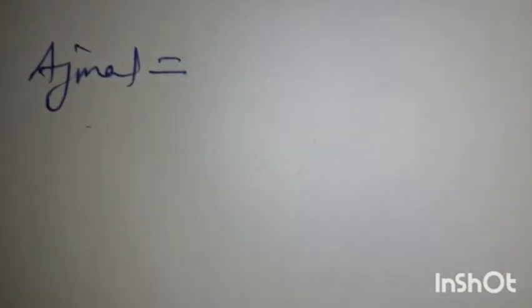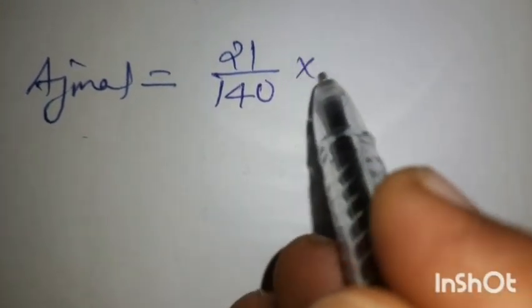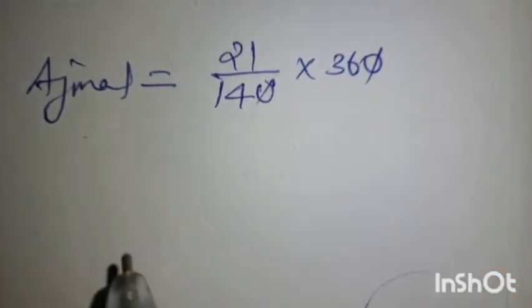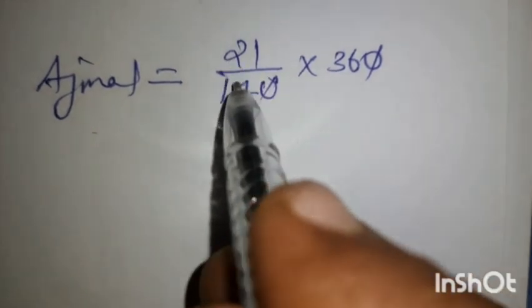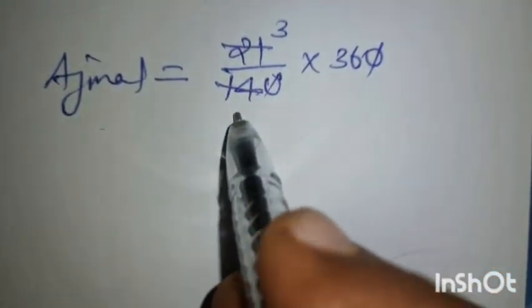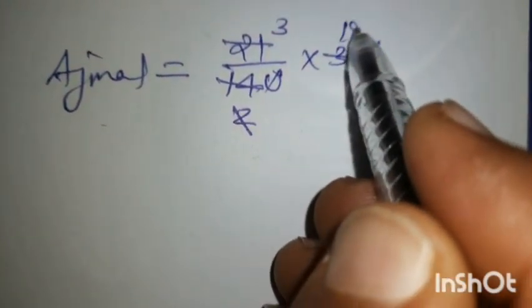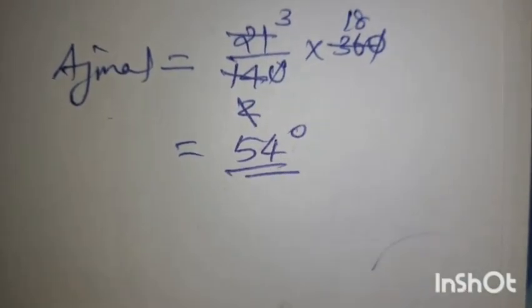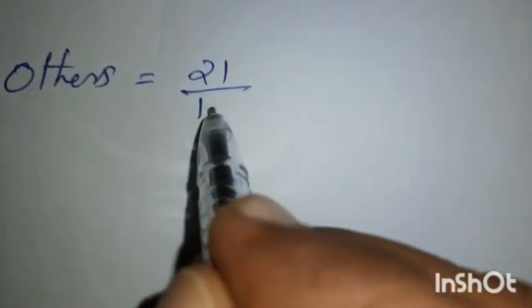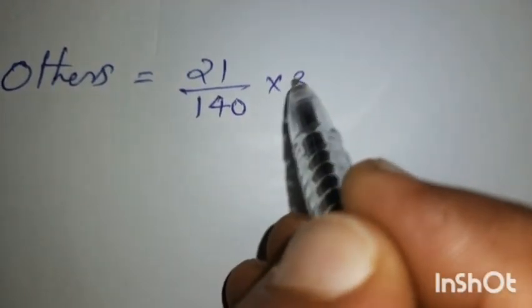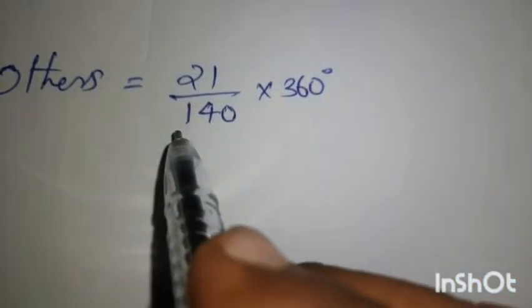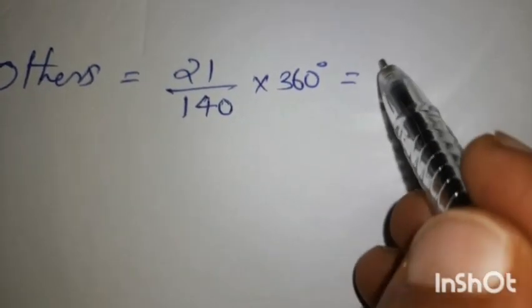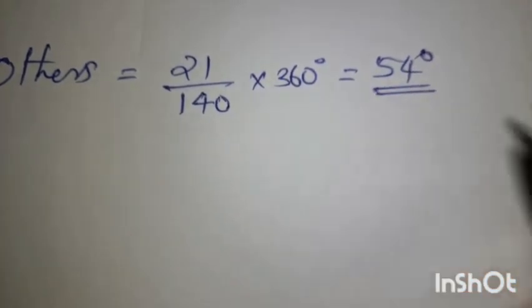He scored 21 by 140 into 360. 0 is cancelled. If you divide with 7, 3 times, here 2 times, here 18. 18 3s are 54 degree. Others scored 21 out of 140 multiplied by 360. That is the same as the score of Ajmal, 21. So you are getting 54 degree again.